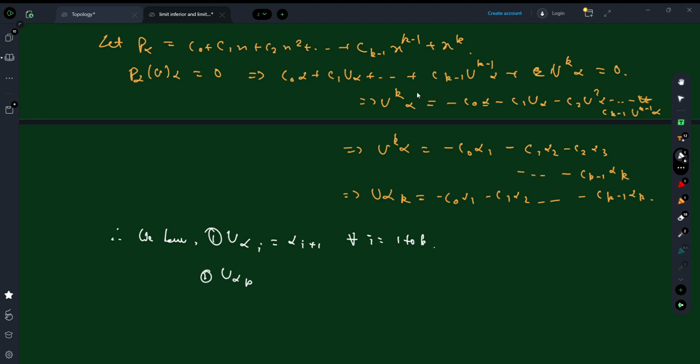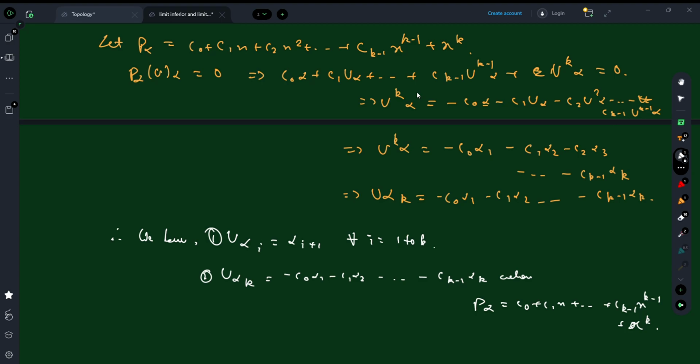And U of alpha k is equal to minus c0 alpha 1 minus c1 alpha 2 and so on till minus c k minus 1 alpha k, where the minimal polynomial has this form: c0 plus c1 x and so on till c k minus 1 x to the power k minus 1 plus x to the power k, right?